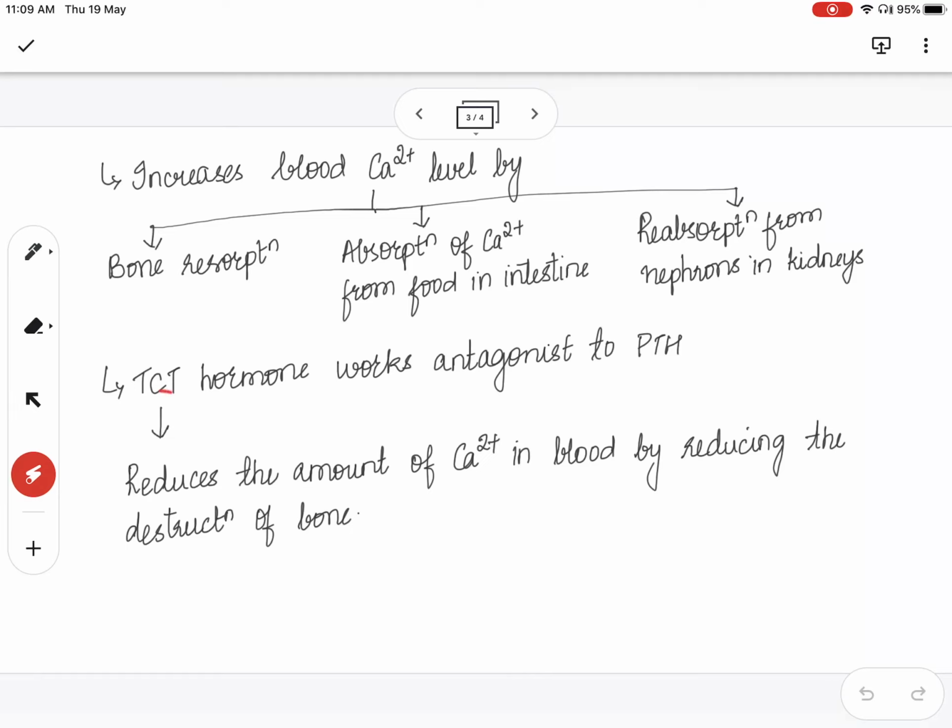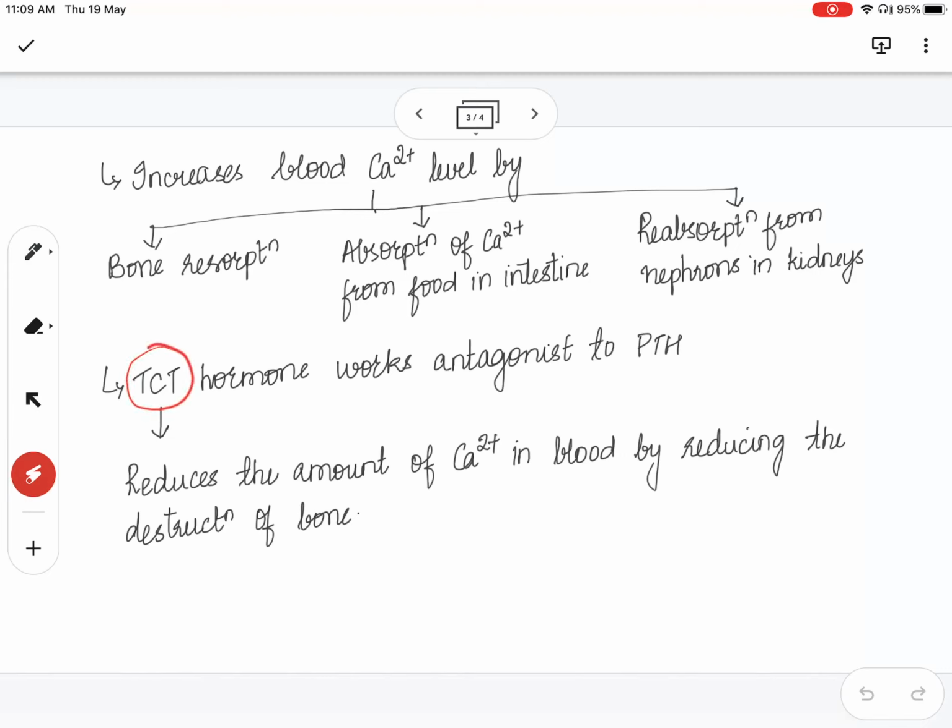It reduces the amount of calcium in the blood by reducing the destruction of the bone. We just discussed that PTH takes up calcium from the bone region. This TCT hormone reduces the destruction of the bone by reducing the amount of calcium in the blood.